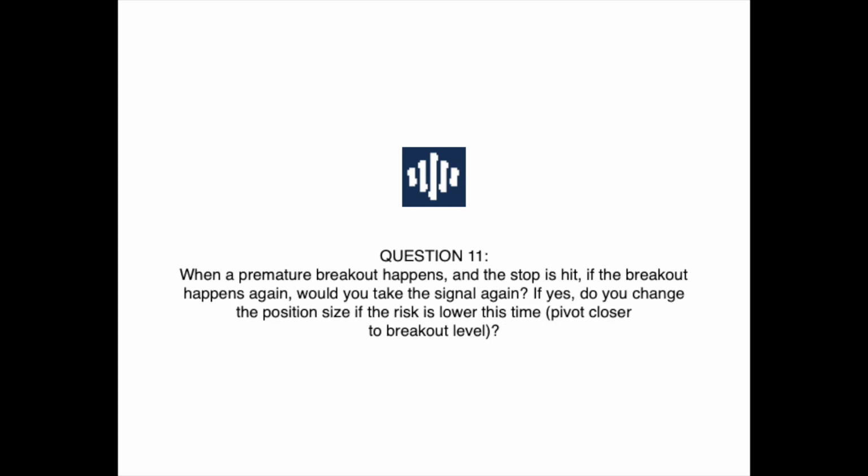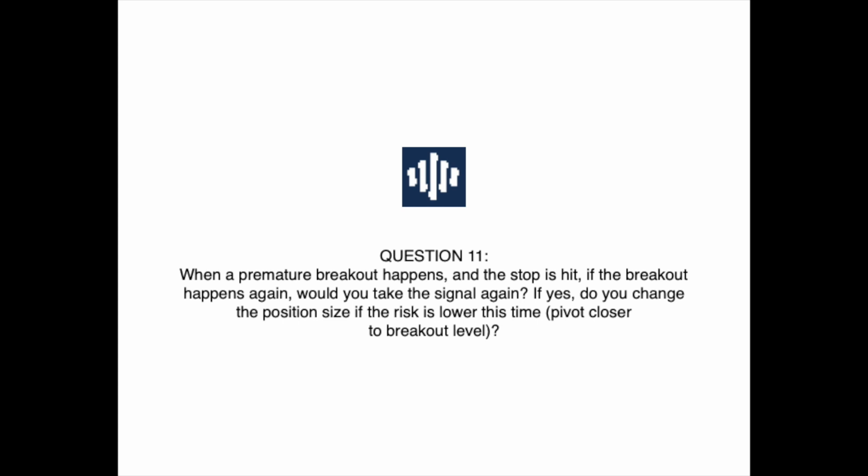When a premature breakout happens and the stop is hit, if the breakout happens again, would you take the signal again? If yes, do you change the position size if the risk is lower this time? The example showed that it is possible to enter into another position in the direction of the breakout.